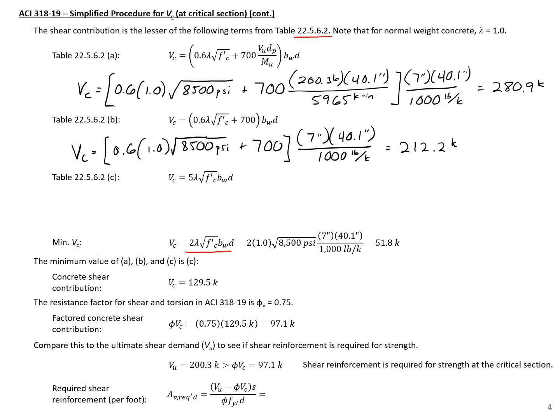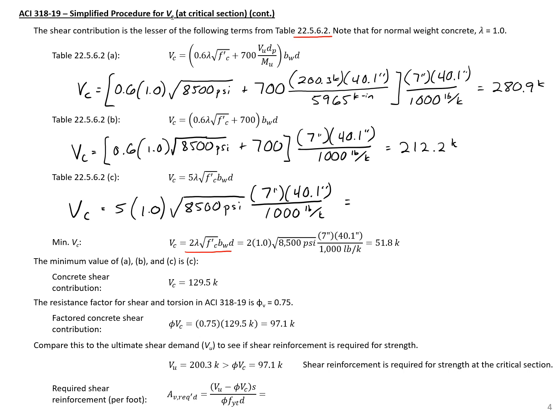Our last equation here will be Vc equals 5 times 1.0 for normal weight concrete times the square root of 8,500 psi times 7 inches times 40.1 inches divided by 1,000 pounds per kip.